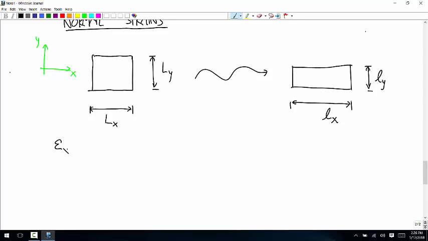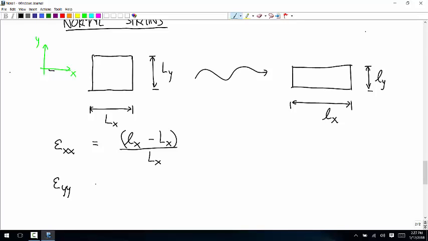Then epsilon xx, that's the normal strain along the x-axis, is equal to the current length after the deformation, the deformed length, minus the initial length, x, divided by lx.